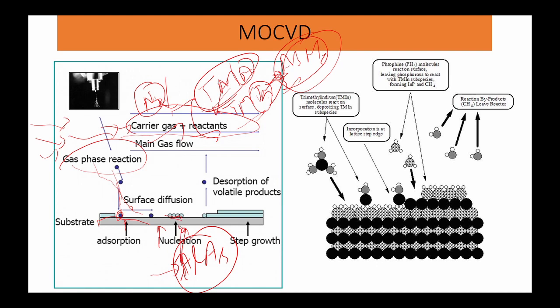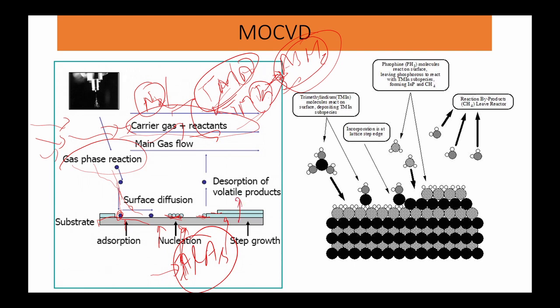Nucleation, and the next step is growth. So this may be indium arsenide or aluminum arsenide, and the next layer can be opposite to that. So there will be indium and aluminum in this growth.